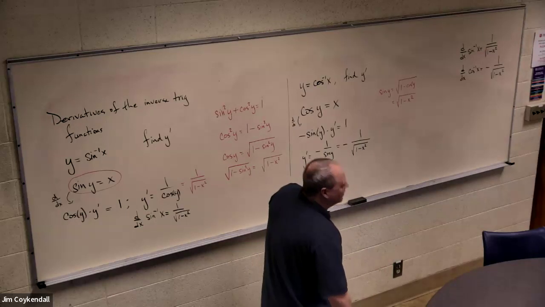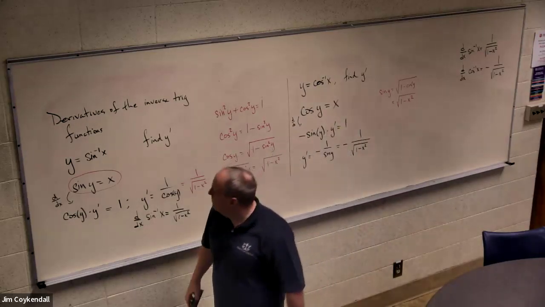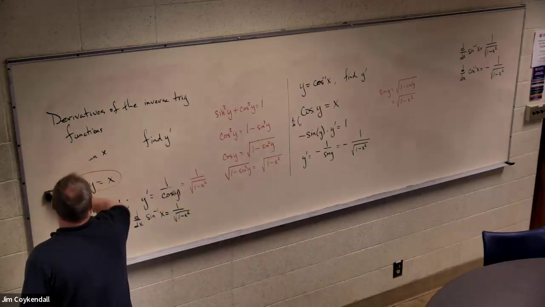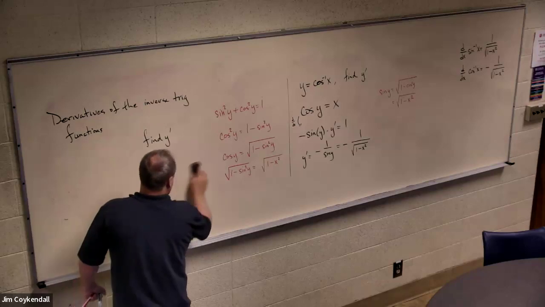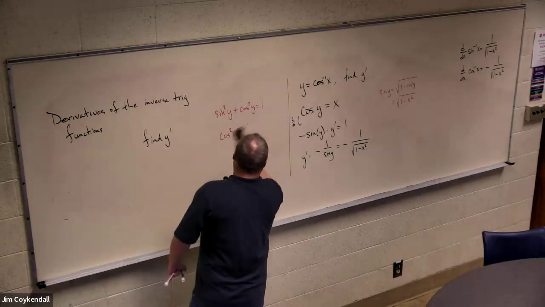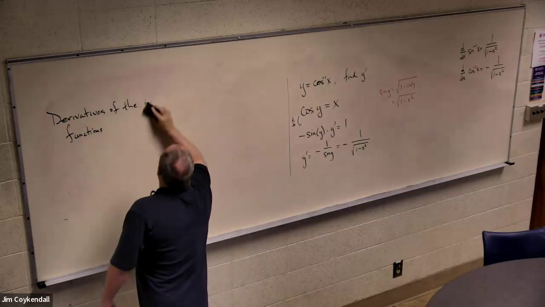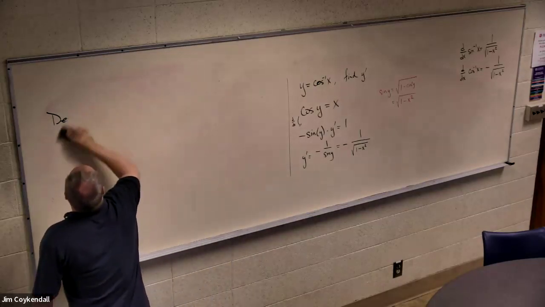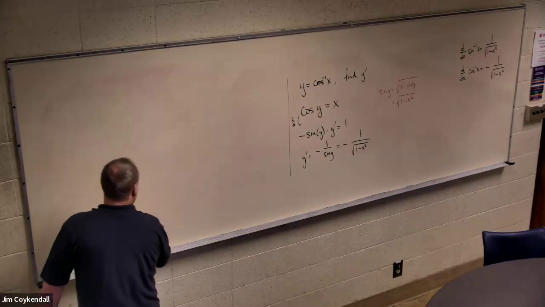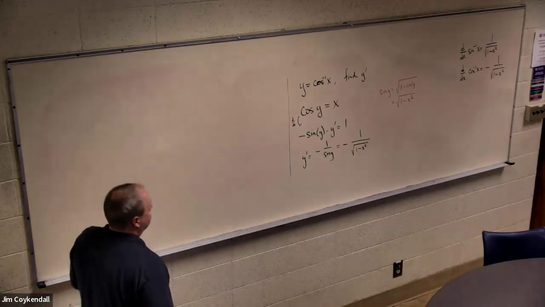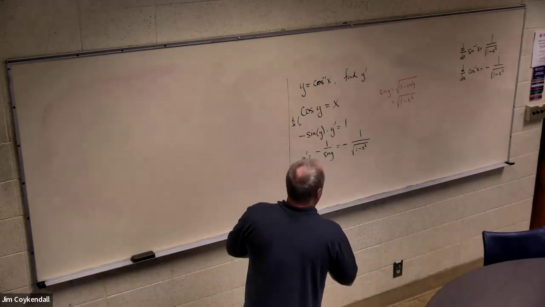Notice the derivative of the inverse cosine is the opposite of the derivative of the inverse sine. Okay.